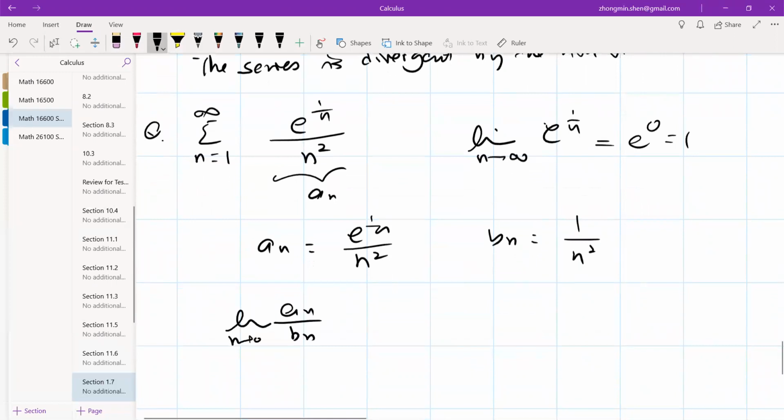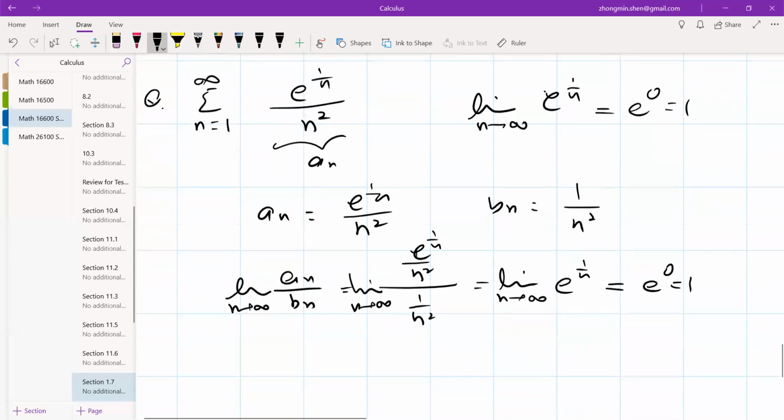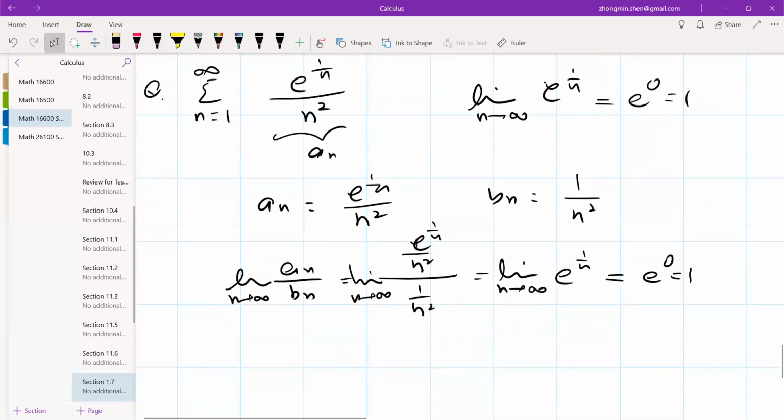So the limit, after simplifying, you only have e to the 1 over n, which is e to the 0, which is 1. If sigma bn is convergent, then sigma an is convergent. But we know that sigma bn, starting from 1 to infinity, is convergent, right?